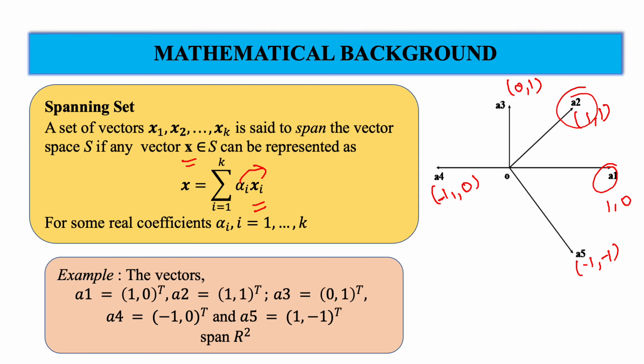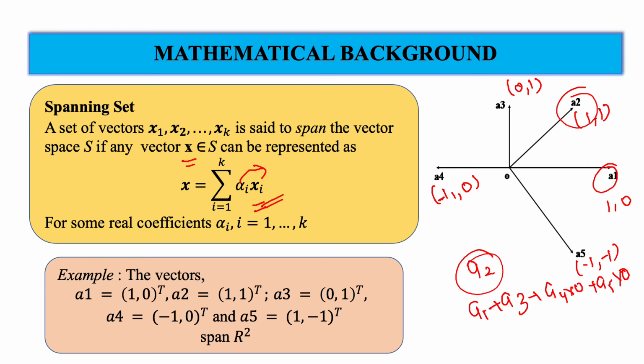Now in a linear combination, it may happen that we do not require all the vectors. Some of the alphas could be zero when we specify a linear combination. So for example, A2 can itself be represented as A1 plus A3, and we do not require A4 and A5, so we multiply them with 0.